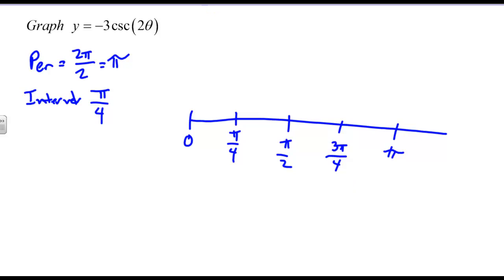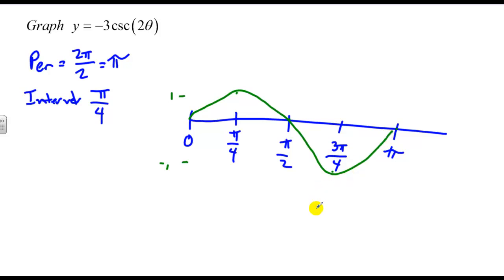Now here's the deal. I'm going to graph sine first. And I know a normal sine graph would go from 1 to negative 1, and a normal sine graph looks something like this. Notice this is not the graph of cosecant, it's just the graph of sine.